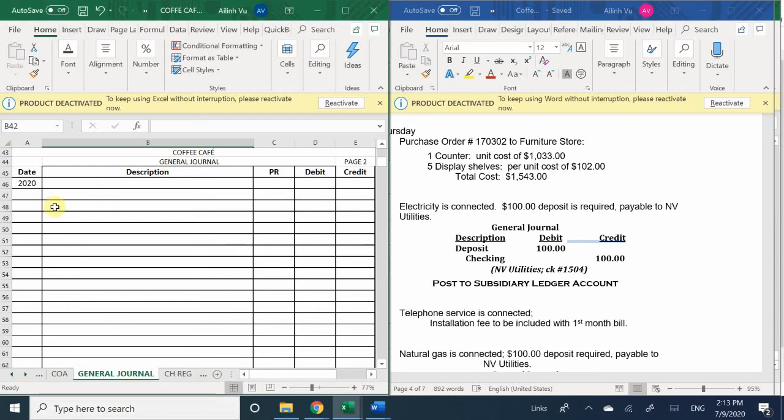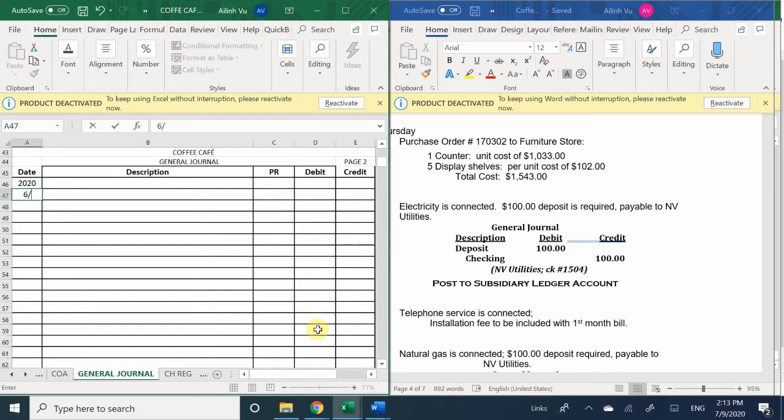So, do we need to record this? Yes, because we made a payment. They connected it for us. Exactly, so yes, we made a payment.